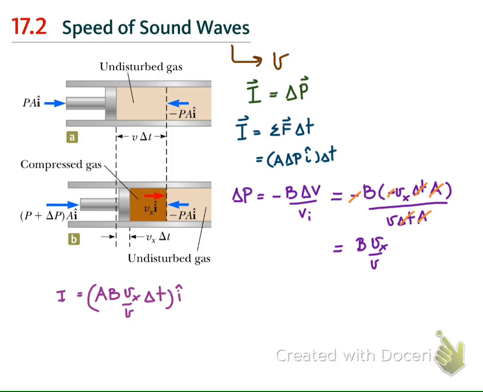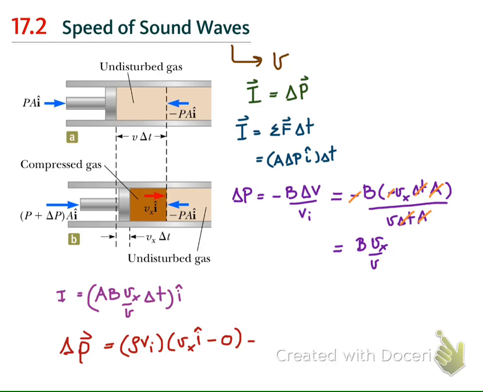So we have that delta P is equal to rho Vi, which is the total mass of the element, times Vx i, which is the final velocity of every molecule in the element, minus the initial average velocity of every molecule in the element, which equals 0.